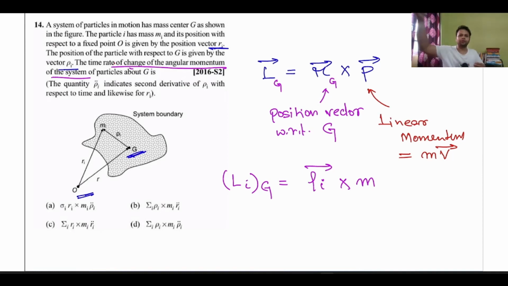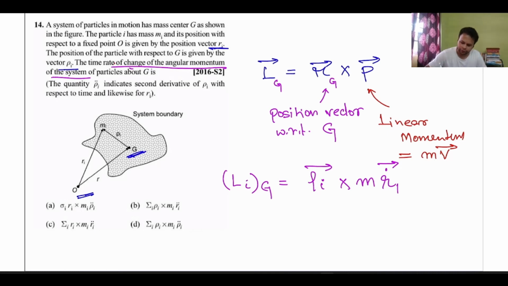If I take rho i and find the velocity about point G, that will be relative velocity, not the absolute velocity. And here I want the absolute velocity, so it has to be from the fixed point O. So it will become Ri. I differentiate it once, it becomes the velocity.